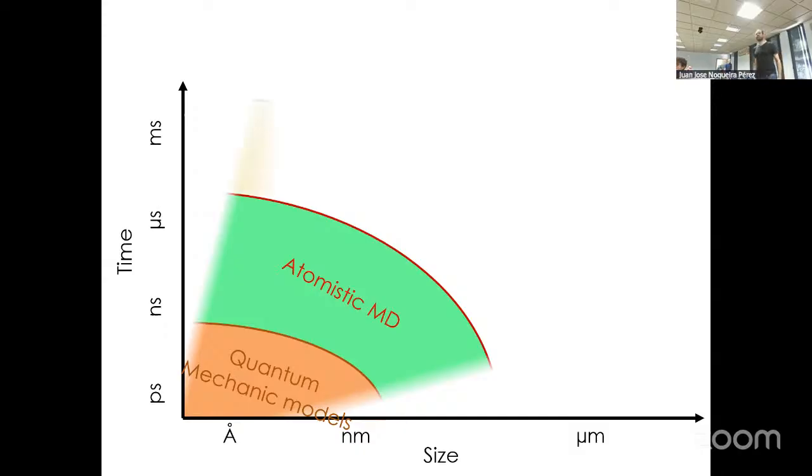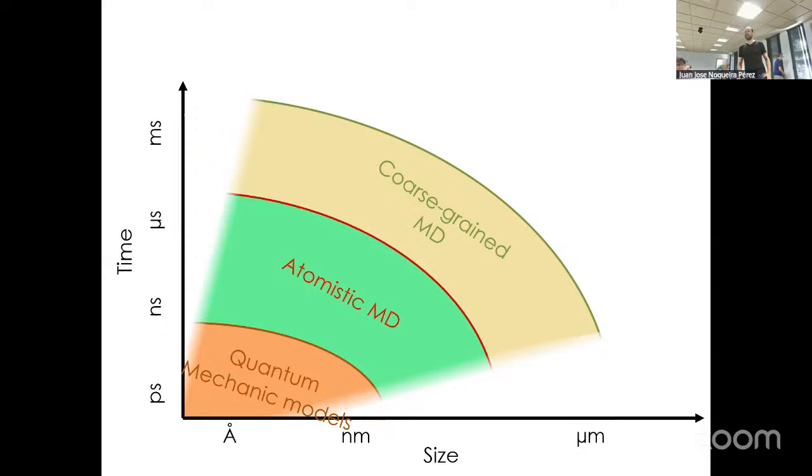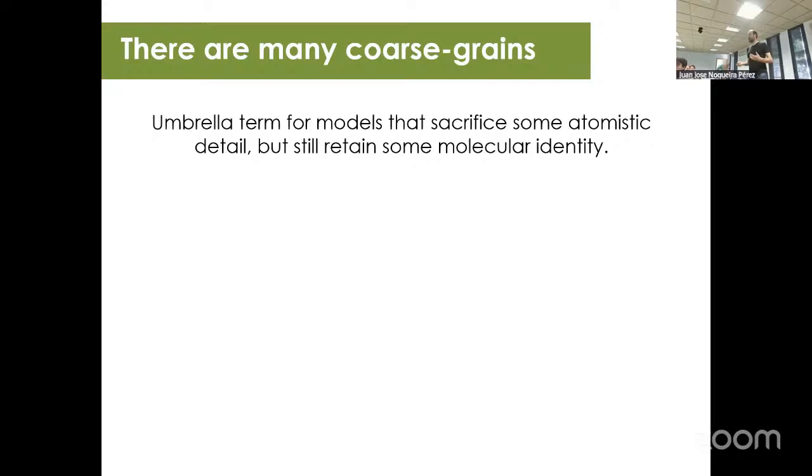So if we want to go further than this, we need even further simplifications. Okay, so this is where coarse grain comes in, and there's always more. The reason I draw this line here is because, okay, we have to draw a line somewhere, and the way I define coarse grain, or a term that I think is a good definition, is models where you sacrifice atomistic detail, but you still can tell molecules apart, right?